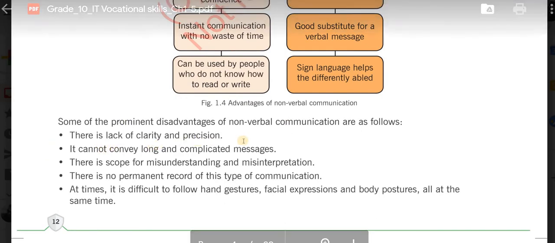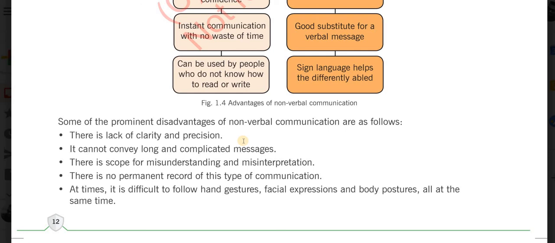These are the advantages of non-verbal communication, and some of the very evident disadvantages are, first, a lack of clarity and precision. There are various expressions we can make on our face, and each expression could be interpreted as many emotions.